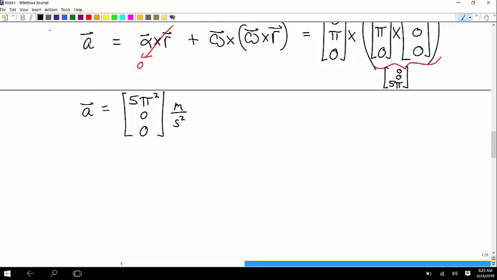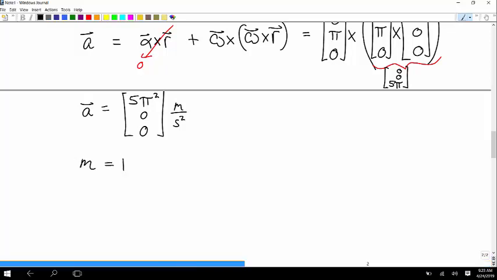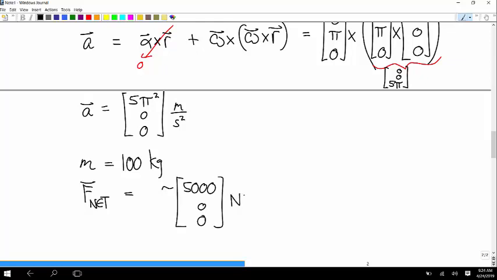About 50. And then if the astronaut has a mass of 100 kilograms, then the net force applied to the astronaut to keep this rotation is about 5,000 newtons. And that's mostly provided by the chair.